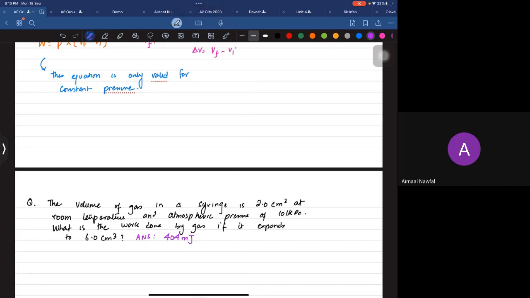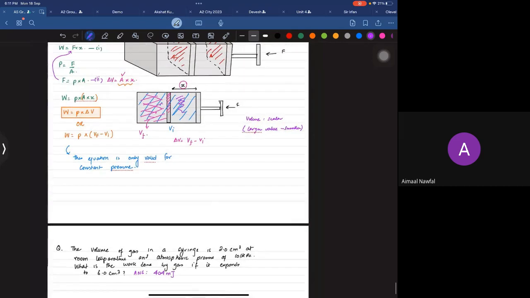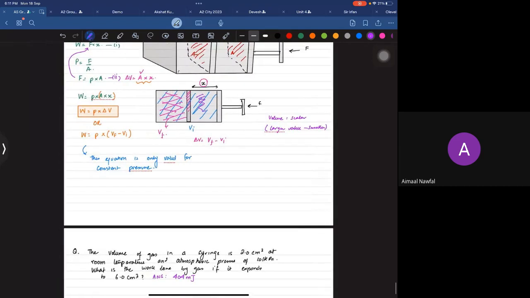Is it clear, everyone? Yes, sir. In the above formula, work done equals pressure times final volume minus initial volume. You said it's only applicable for constant pressure. Is it the pressure of the atmosphere, the surroundings, or the pressure of the gas? Pressure of the atmosphere.